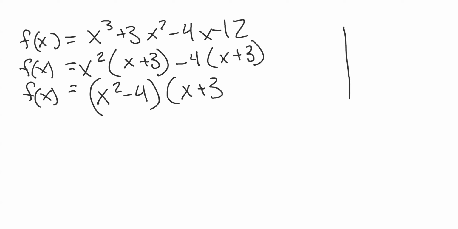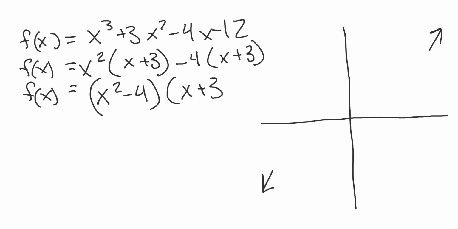We can also note that we have the same end behavior as before because it's an odd degree polynomial with a positive leading coefficient. So what do our zeros look like?